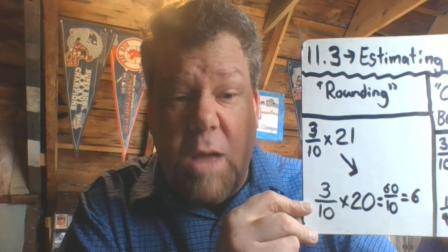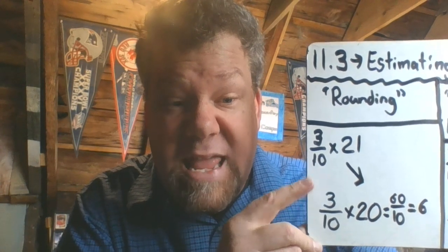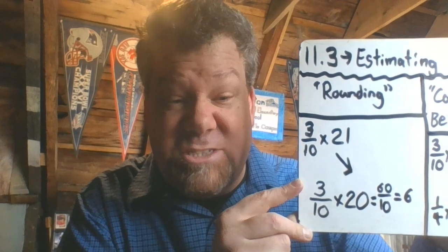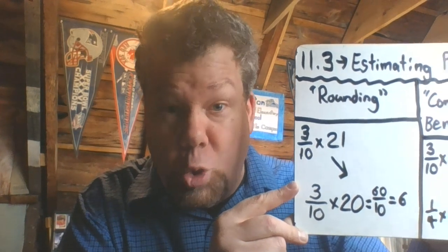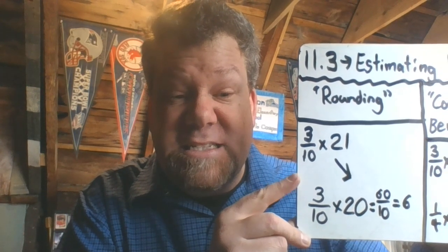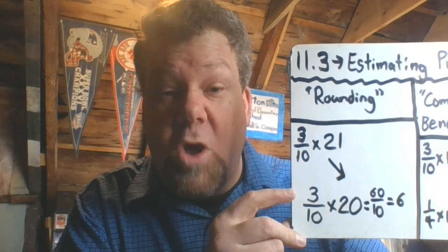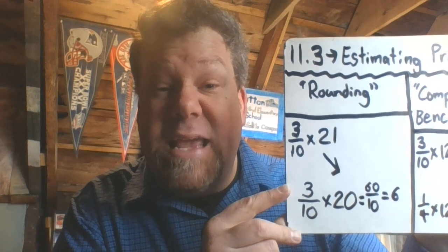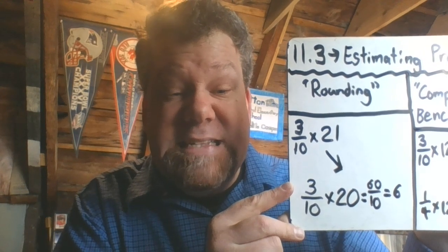However, can we find a number that's close to 21 in which 10 can fit equally? Yes, we can. What's 10 plus 10? 20. Is 20 close to 21? Yes. So in this problem, we can change the whole number factor, 21, into 20 and make it a nice, easy problem.